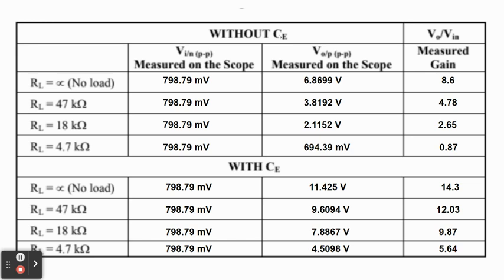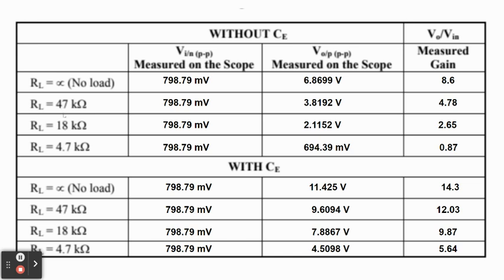And this is the result of a table without the CE. As you can see here, when the RL is not connected, the input voltage peak to peak will be 798 millivolts all throughout the variation of the RL, and the output voltage peak to peak starts from 6.8699 volts. Then it becomes lower to 3.8192 volts when we connected the RL of 47 kilo ohms.